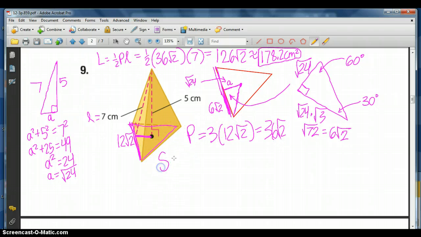Now to find my surface area, I want my lateral area plus the area of the base. So my lateral area, which is 126 square root of 2, goes in there, plus the area of the base. So I'm going to use the formula for area of a regular polygon, which is half of the apothem. Apothem is square root of 24. Times perimeter, 36 square root of 2.